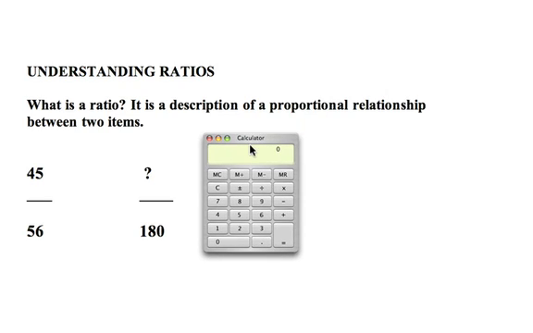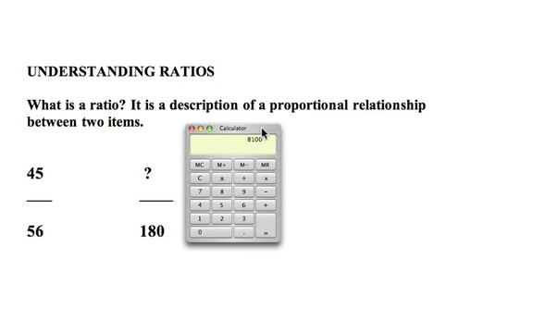And here's what we do. We multiply cross-diagonally. We multiply the two figures that we do know cross-diagonally, the 45 and the 180. So let me do that for you. 45 times 180 equals 8,100. And then we divide that number by this number here that stands on its own.